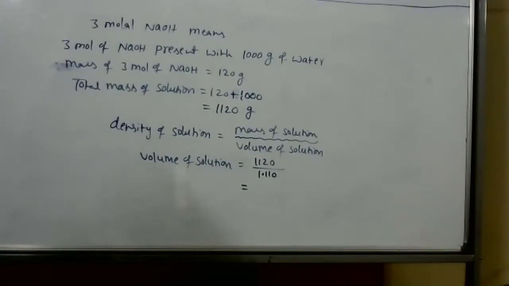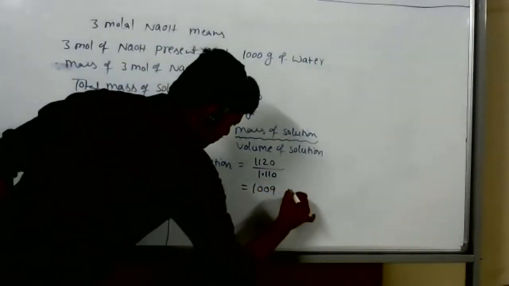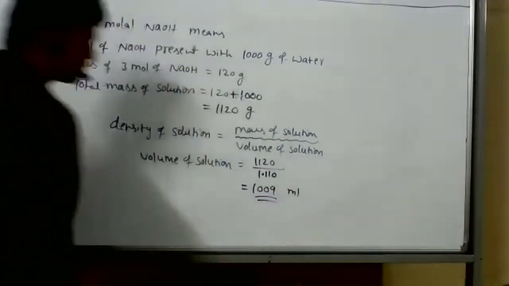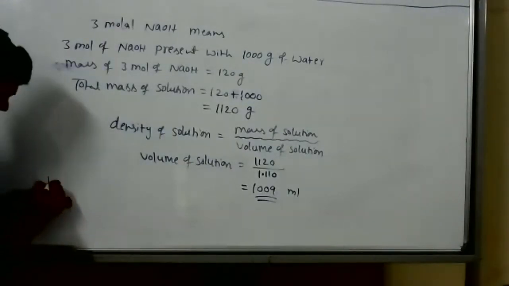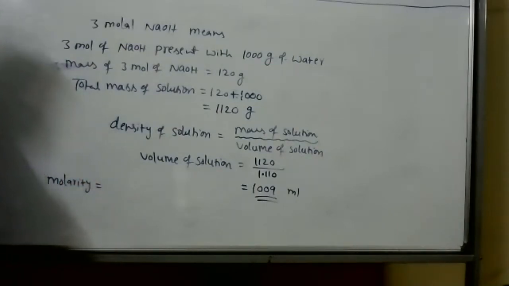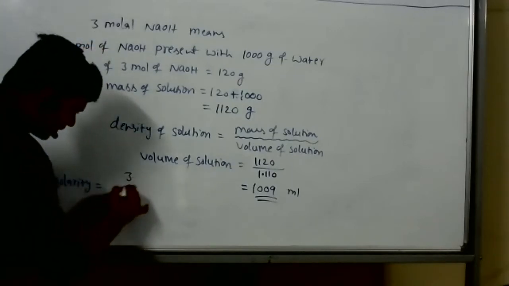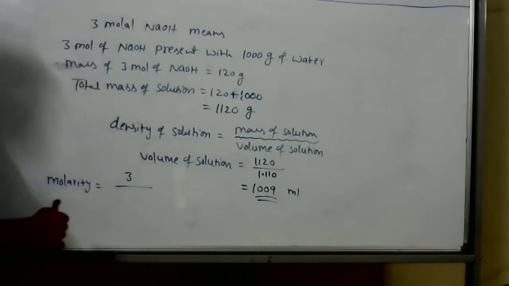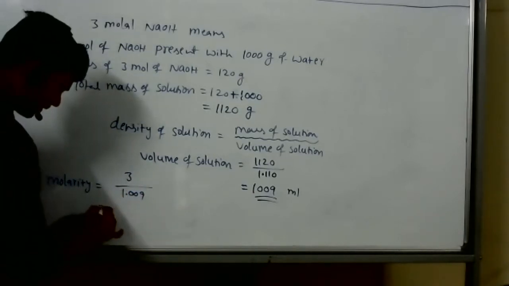So the volume of solution is 1009 ml. Now substitute in the molarity formula. Molarity is equal to number of moles by volume of solution. Number of moles is 3 moles only. So 3 divided by volume of solution, taken directly in liters. Don't write in ml. So 3 divided by 1.009, you will get the answer.